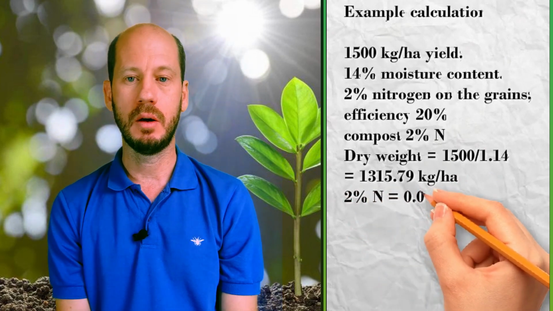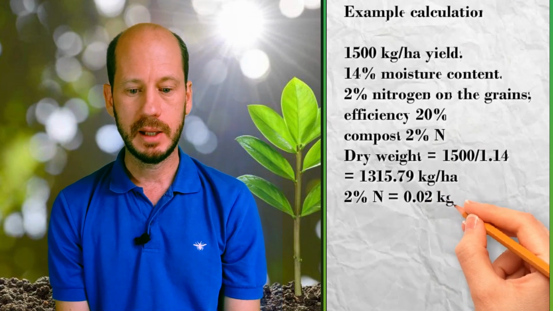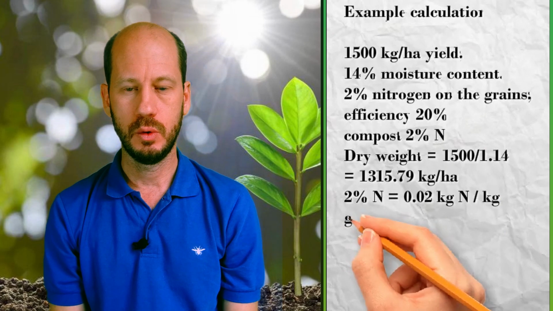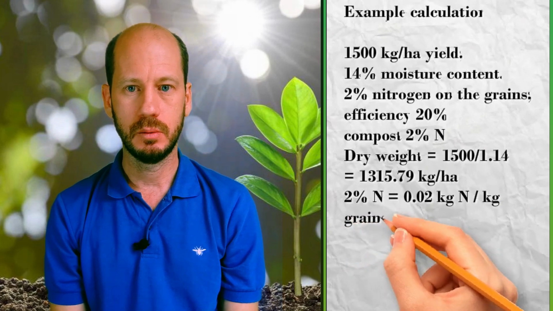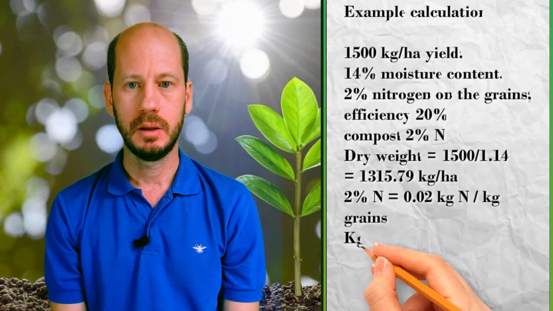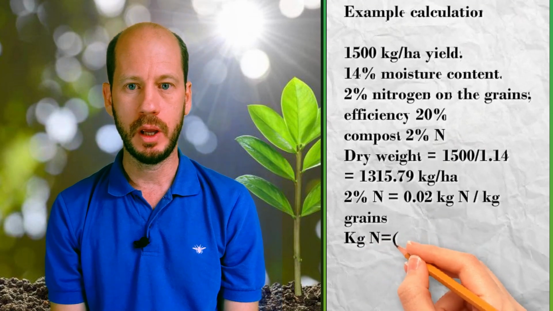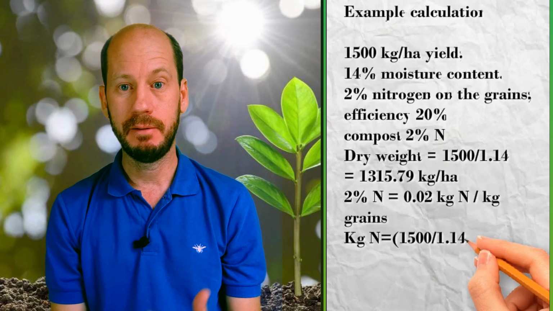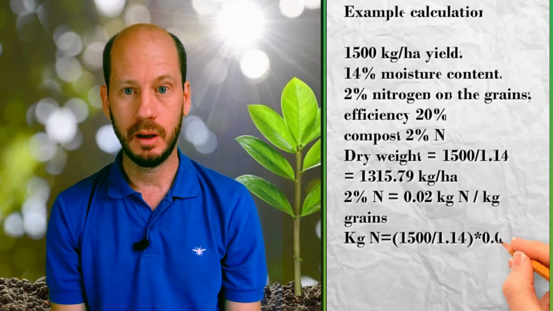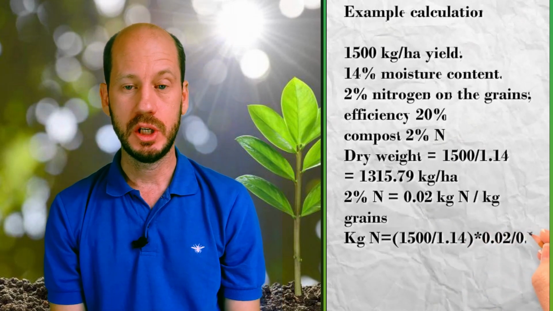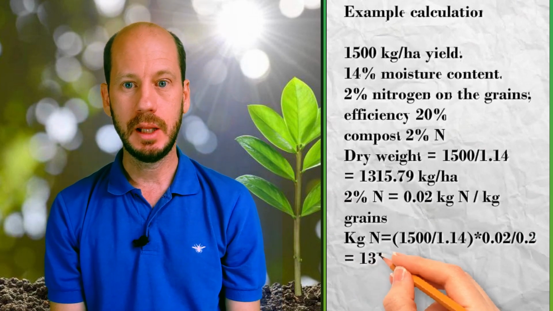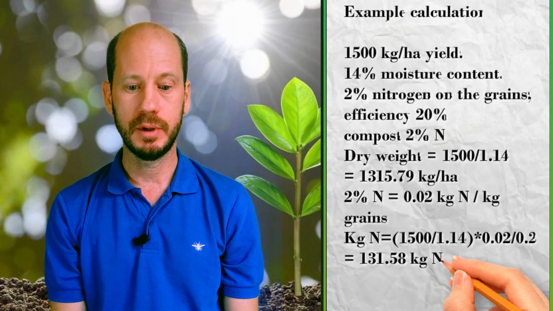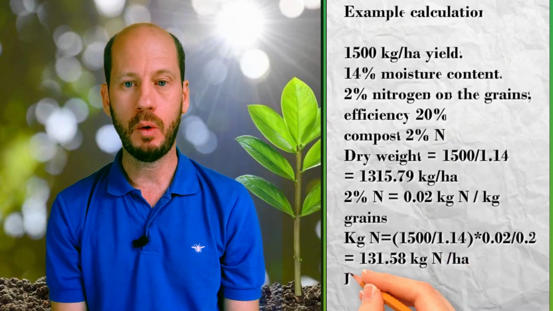So how much nitrogen you will need to replenish what you're taking out from the crop will be the dry weight multiplied by the percentage of nitrogen, divided by the efficiency of that compost, which is 20%, and then you need to divide again by the percentage of nitrogen in the compost.